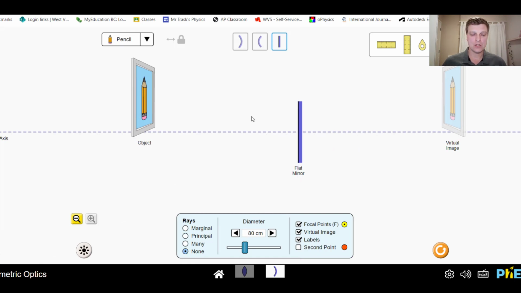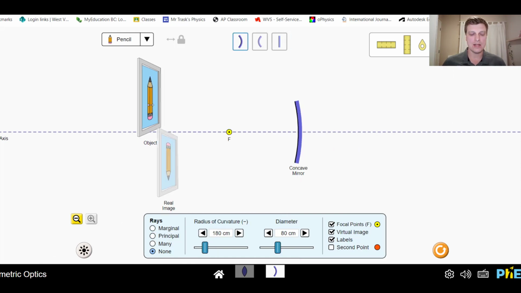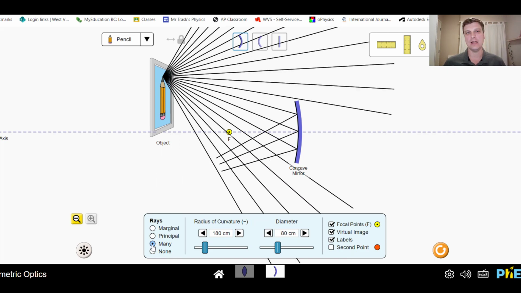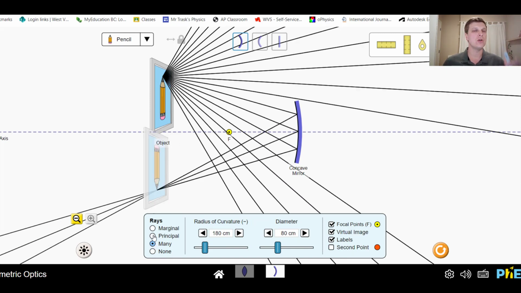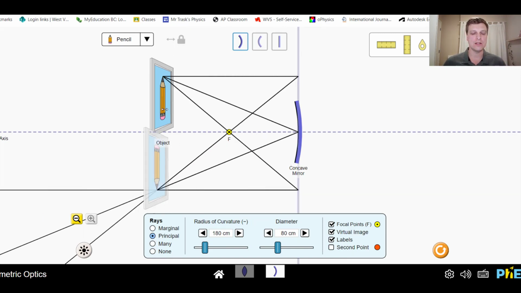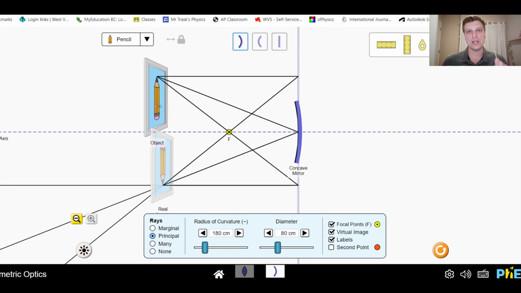Now, if I jump back to my curved mirror, again, in this case, there are lots of rays of light that I could draw, but I'm only going to draw a few, and these are the 3 rays that I want to focus on. We're going to imagine what would happen if you had a ray of light, like this first one here. This ray of light travels parallel to the principal axis, this dotted line, and you can see it bounces through the focal point.